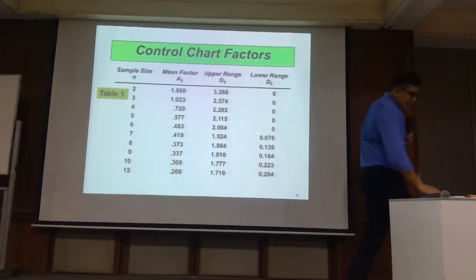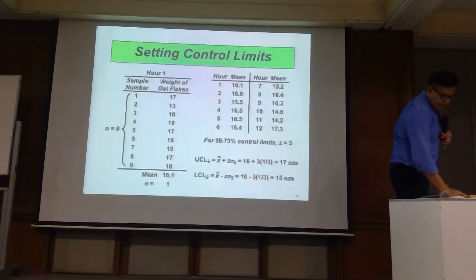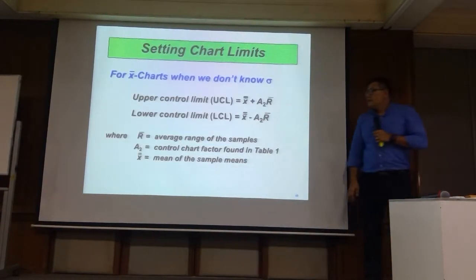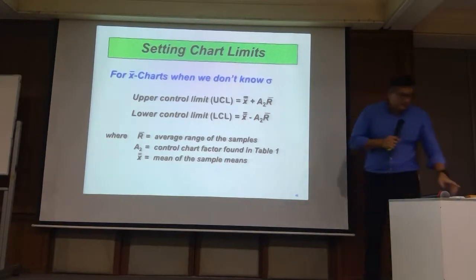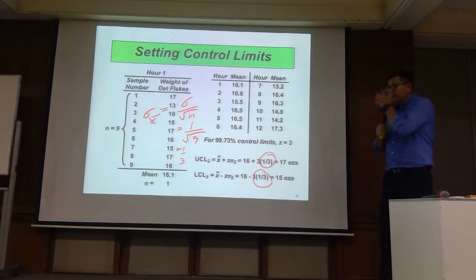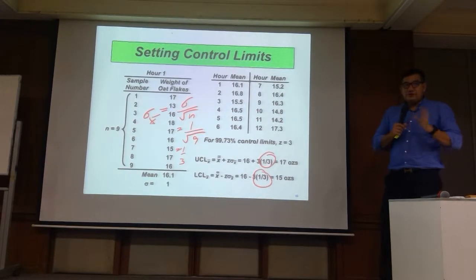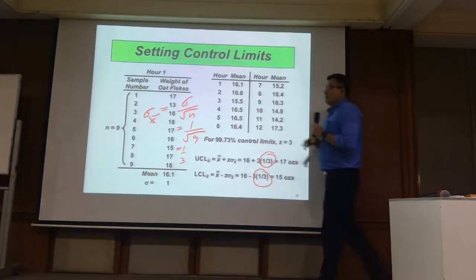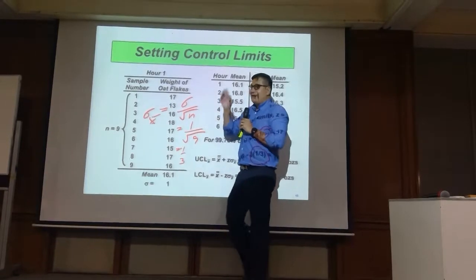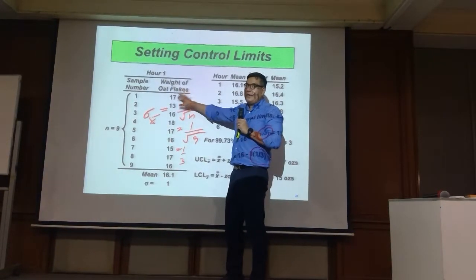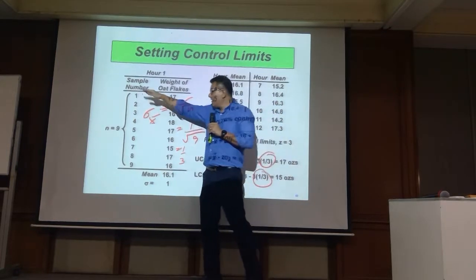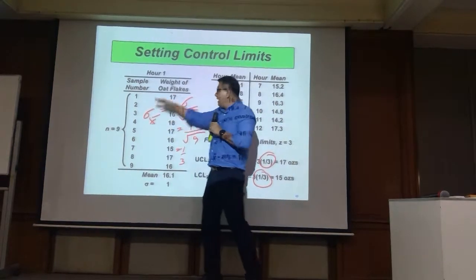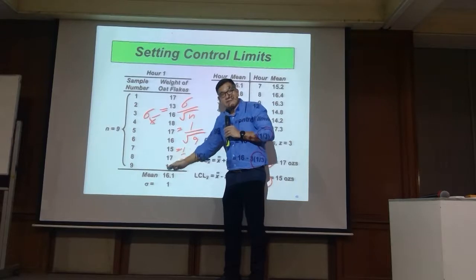And how about R bar? R comes from range, right? Here are the details. I don't have any calculation to show you, so you need to listen to me. Back to this example, okay? For the first hour, we sampled 9 boxes, right? And these are the weights of those 9 boxes.